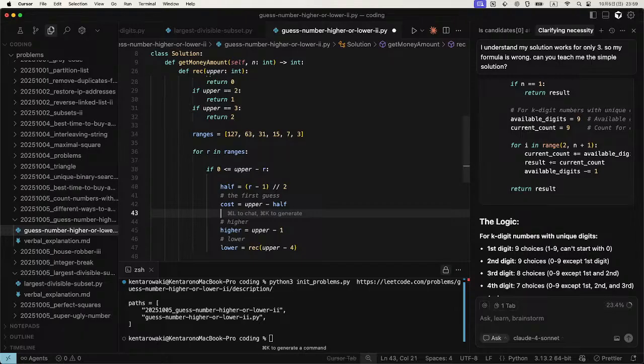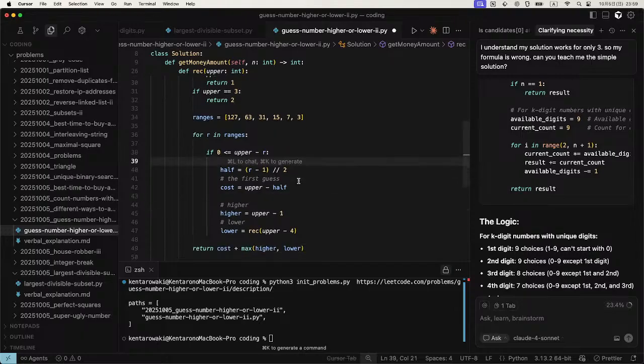This is a first guess. And higher. Lower.